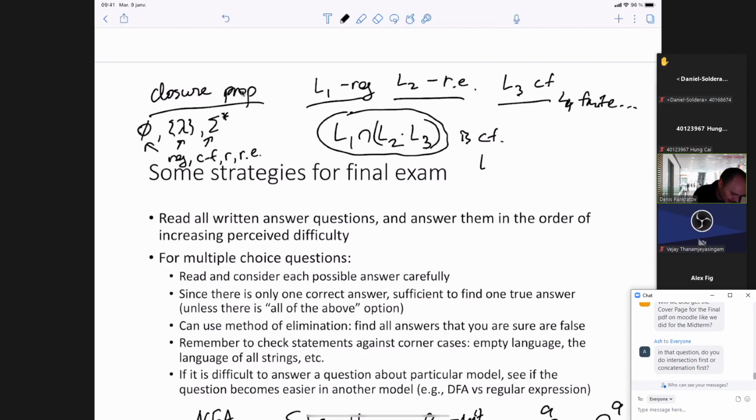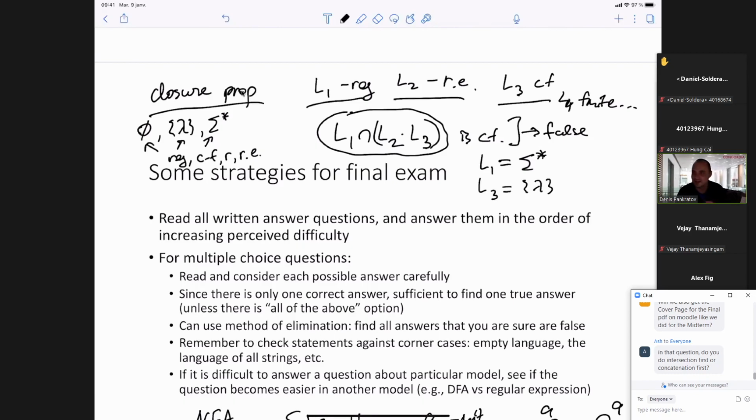So I should say that this claim is false, and the counterexample is as follows. If you take L1 to be sigma star, L1 is regular, and intersecting with sigma star is not going to change the answer. So the intersection doesn't do anything. And then if I take L3 to consist of just lambda, concatenation with lambda doesn't change the language.